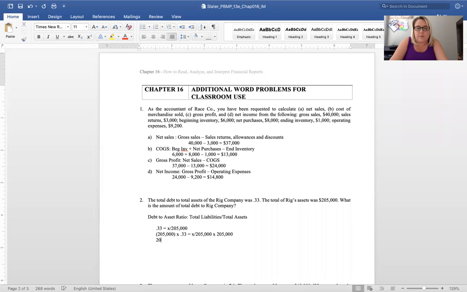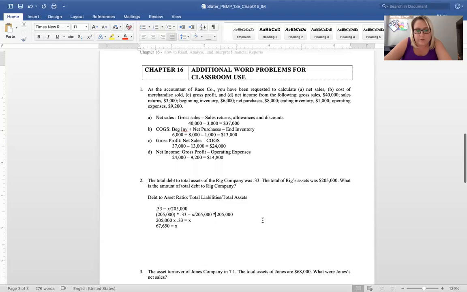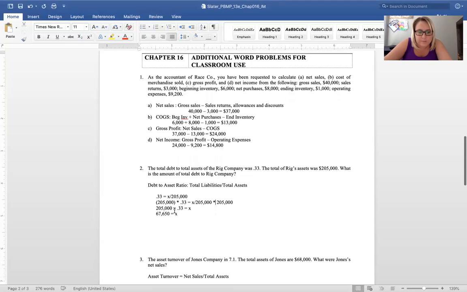So 205 times 0.33 equals X. So that means that we must have debt equal to $67,650. Again, we're manipulating it, so make sure that you can solve for the unknown in a ratio when you're given two parts of it. I'm changing these X's to stars so that you're not confused.